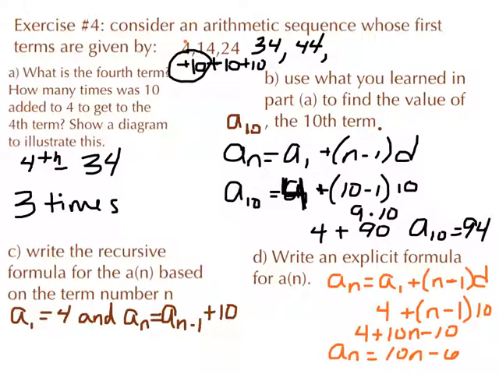Yep. 10 times 2, my second term, gives me 20, minus 6 gives me 14. Yep, that works. So this is the explicit formula, a sub n equals 10n minus 6. And I got that by deriving from the arithmetic formula of a sub n equals a sub 1 plus n minus 1 times d.